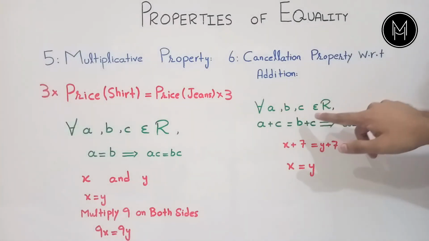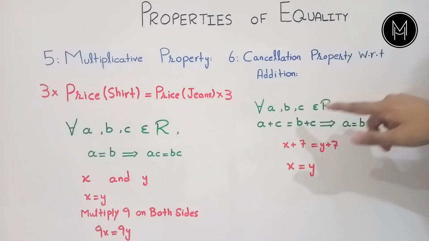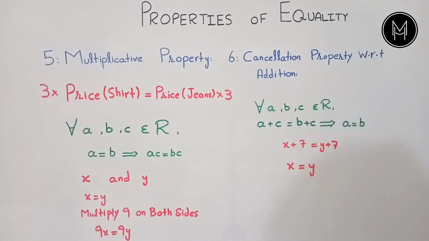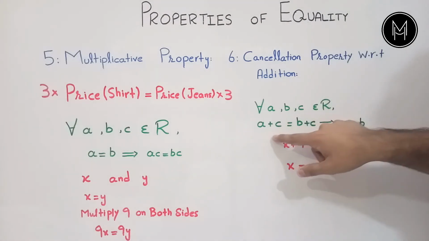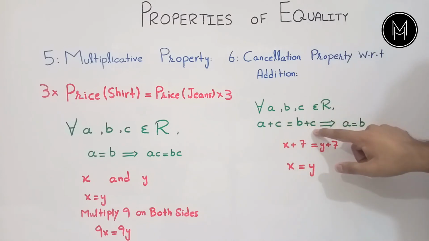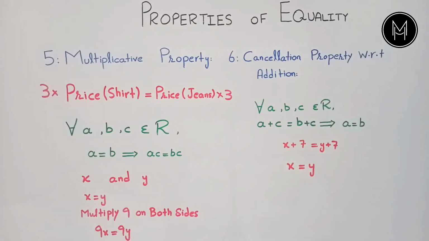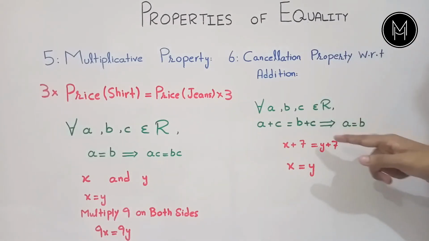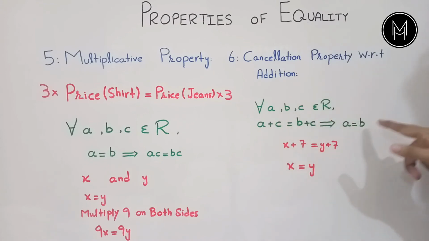Let's say we have three real numbers a, b and c, and if a plus c is equal to b plus c, this is the equation of equality. Then as c is a common number on both sides, we can easily cancel c, and even after cancellation, according to this property, equality will be true, meaning a is equal to b even after cancellation.